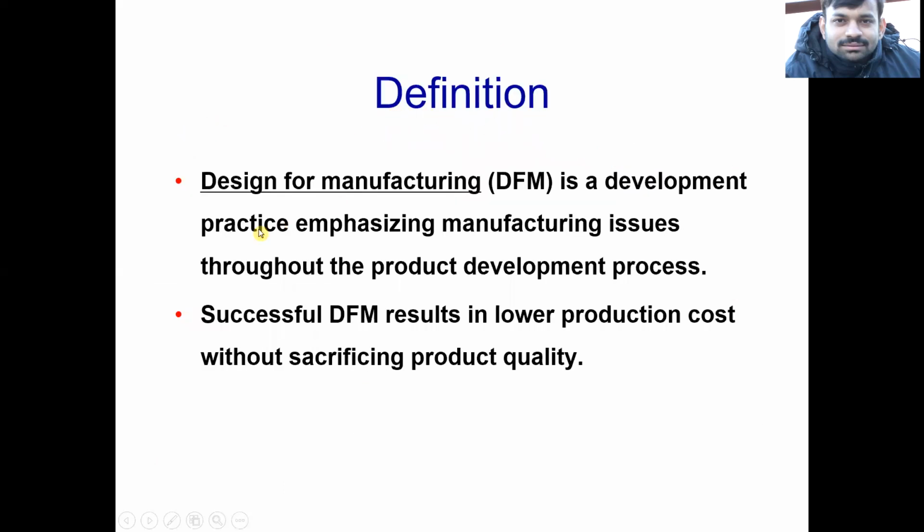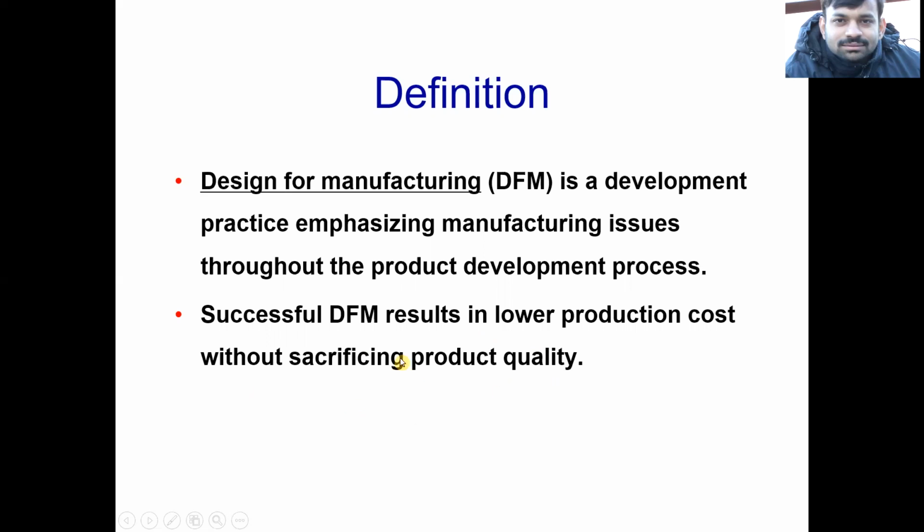Let's go to the definition of design for manufacturing. Design for manufacturing is a development practice emphasizing manufacturing issues throughout the product development process. The successful design for manufacturing results in lower production cost without sacrificing product quality. So if we have done design for manufacturing successfully, then it yields lower production cost and higher quality.